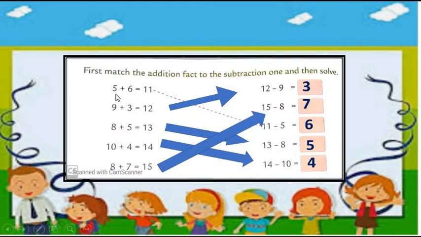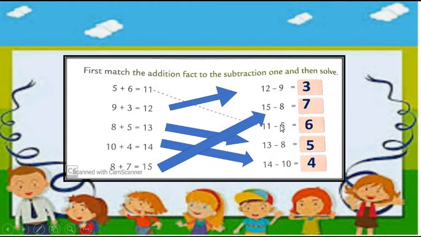Here we have 5 plus 6 is equal to 11, and we want to match it with this column. Now find out where we see the number 11. Here it is, 11 minus 5.